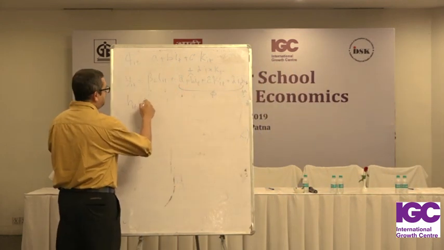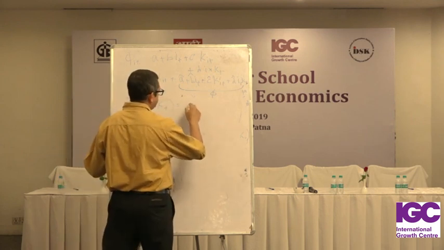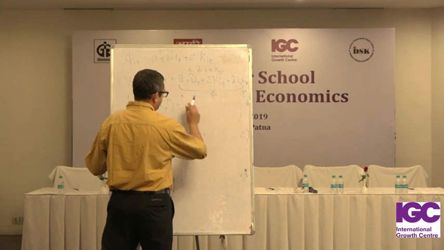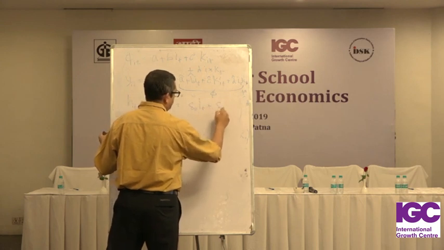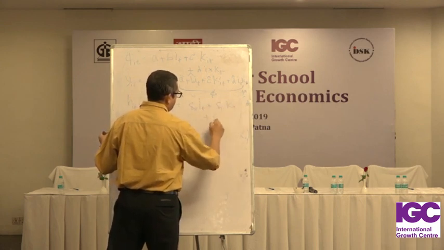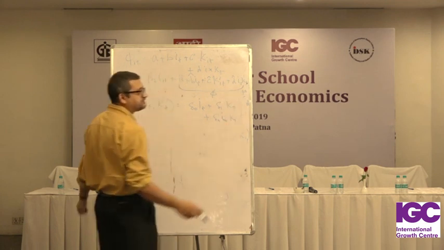Okay, h of i it, k it is some, let's say, delta naught times i it plus delta 1 times k it plus delta 2 times i it times k it. So that was the function h.